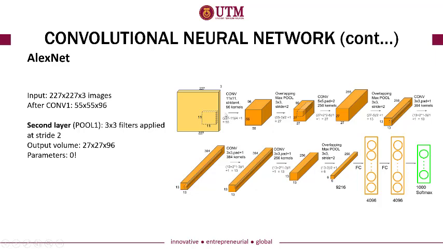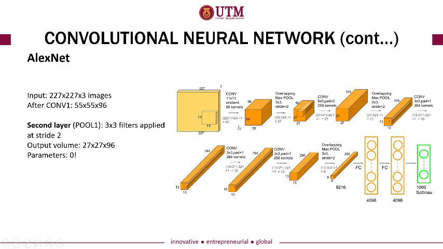From there, you can estimate why after you apply the convolution, it will shrink. You can count it: 11 times 11, and then stride equal to 4.